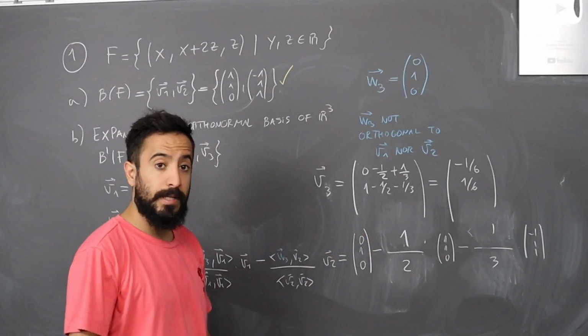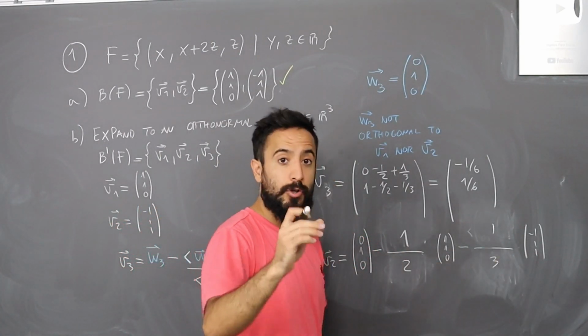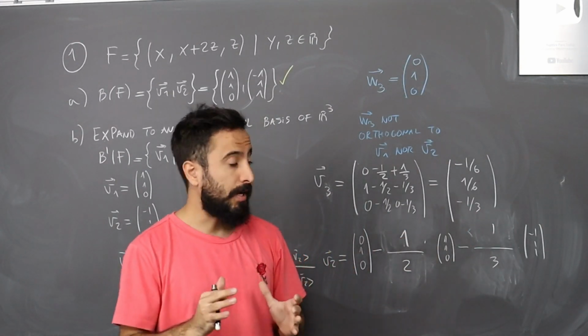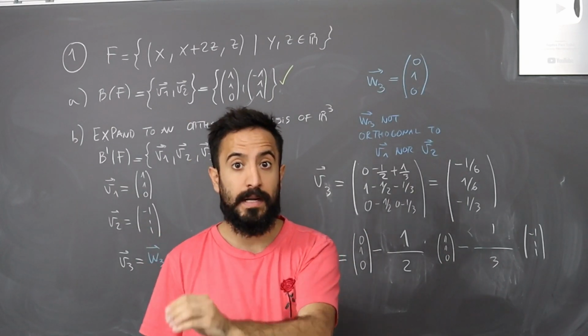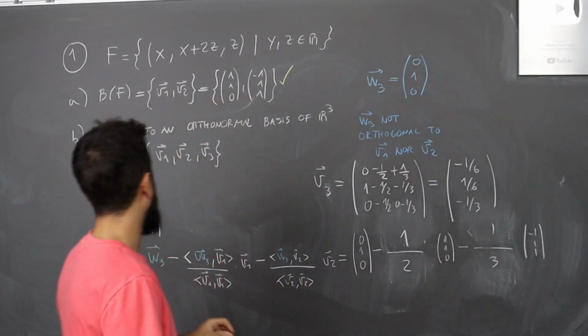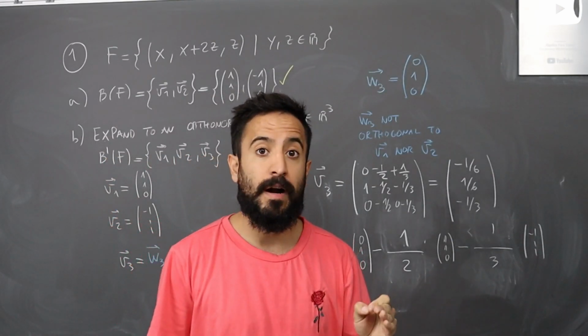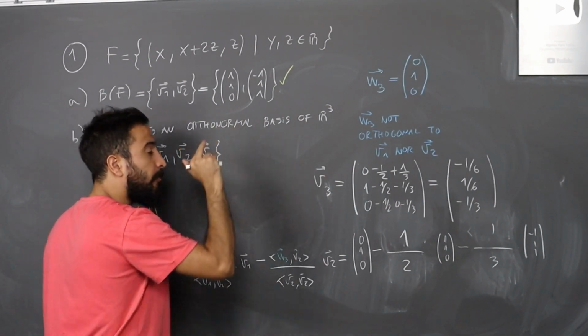And for the last component, we have 0 minus 1/2 times 0 minus 1/3 times 1. So that is minus 1 over 3. What we just got is a vector b3 that is orthogonal to both b1 and b2. So this is an orthogonal basis of R3, but we were asked to find an orthonormal basis.